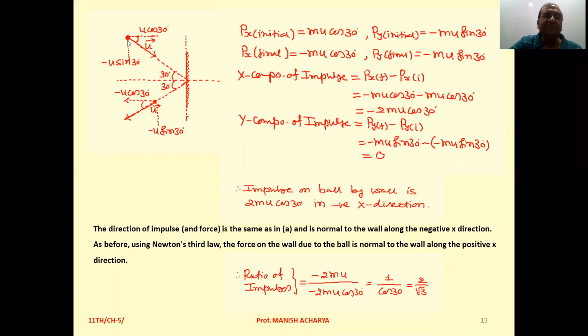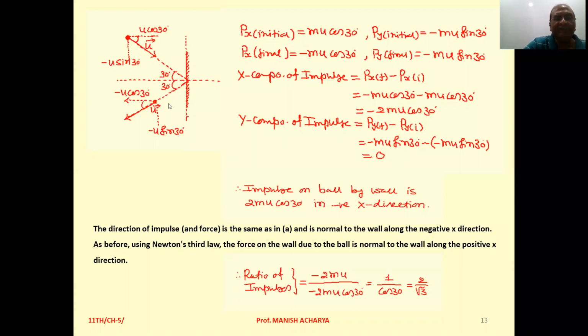But this y component, see in the figure, is in the downward direction, in negative y direction, so it is represented with a negative sign: minus u sin 30.